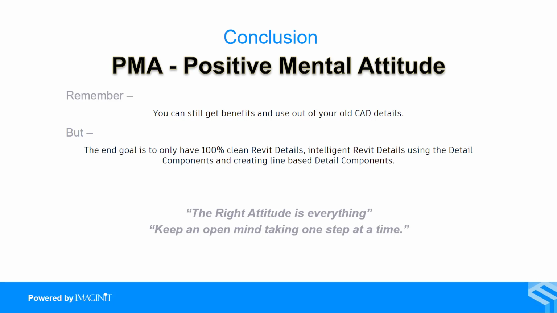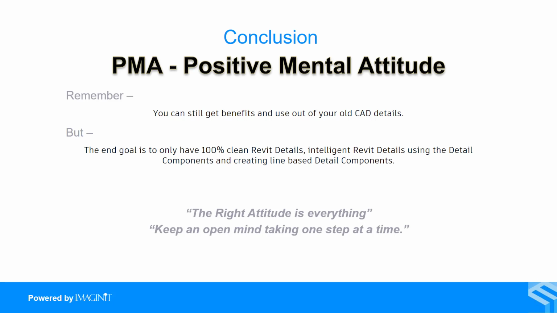That's the comfort zone. That's what you know. The more and more you work in Revit, the more and more you're going to see the advantages that the software can give you that you can't get in that fragmented 2D drafting environment. Okay?